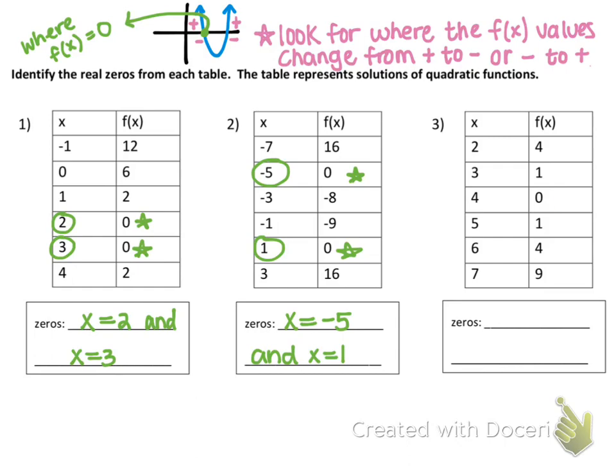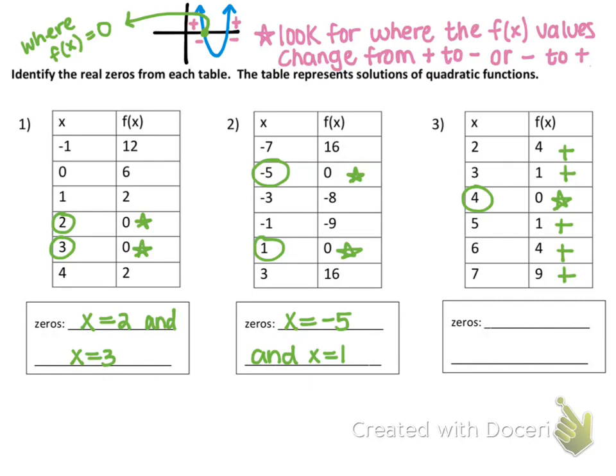In the third example, I scan my f of x column. I can see where f of x is equal to 0, which means that my 0 is x equals 4. What I'm going to notice now is, because I only had 1 zero, I'm going to try and look for any changes from positive to negative or negative to positive in the f of x values.